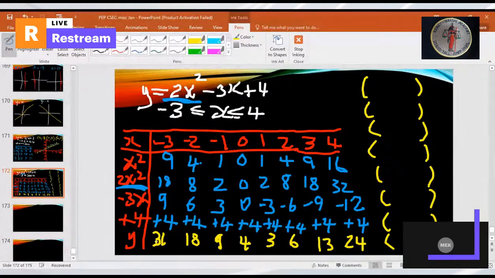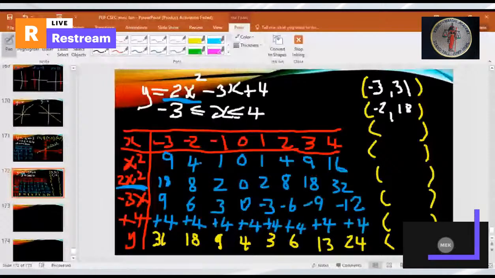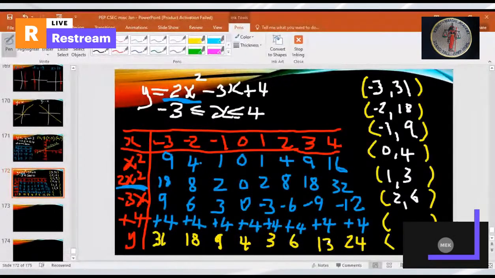-3 on the x is going to go to 31. So -2 to 18. -1 will go to 9. 0 to 4. 1 to 3. 2 to 6. 3 to 13.